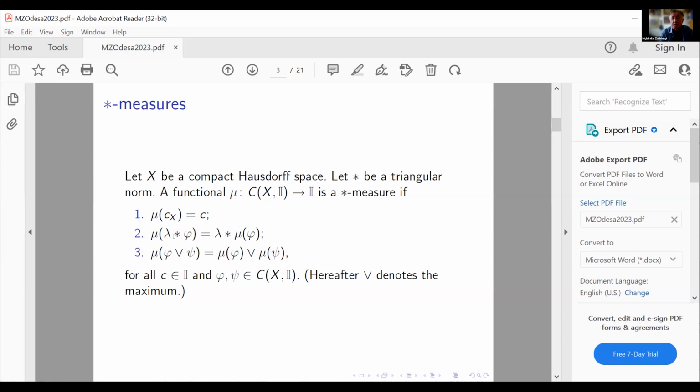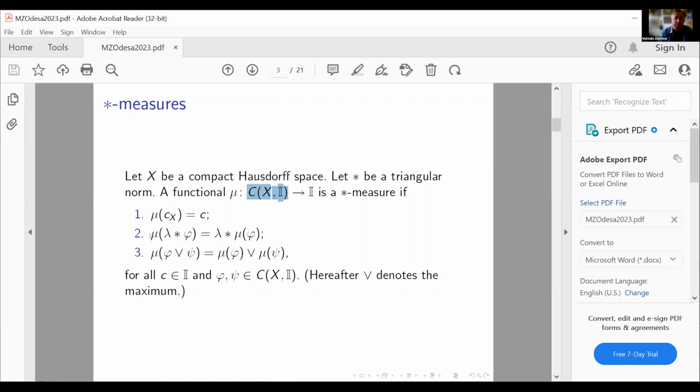The second property is that it is star homogeneous, namely if we consider a constant lambda, a number in the interval, and consider the operation of this lambda with a function phi from this set, this lambda star phi means a pointwise operation. A number acts on a function phi.